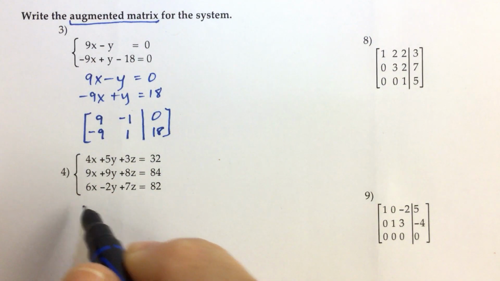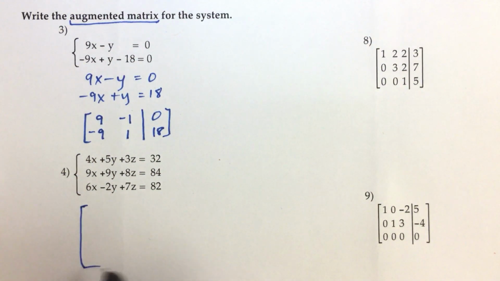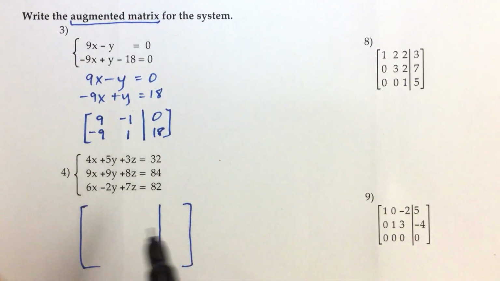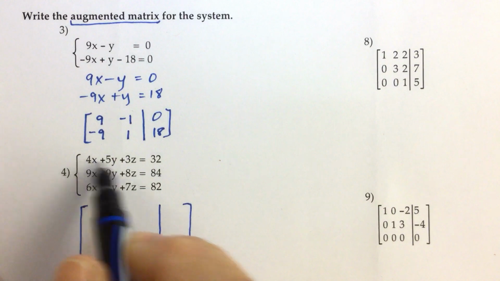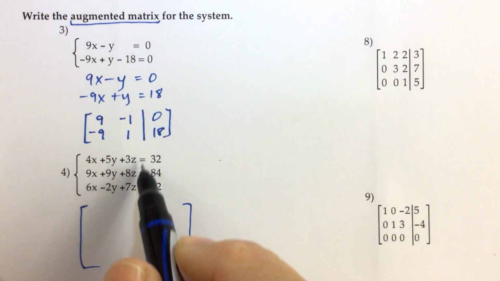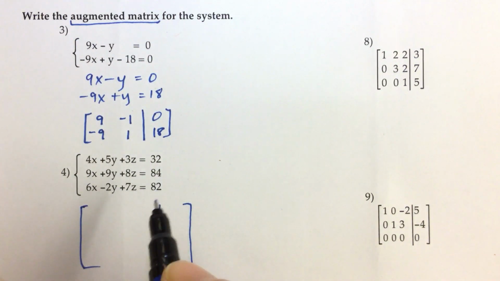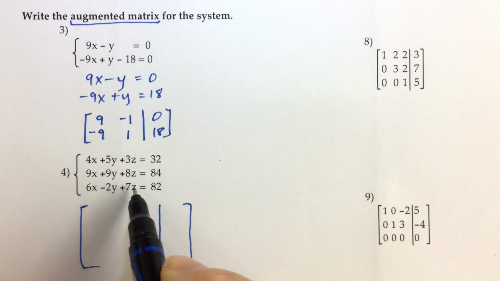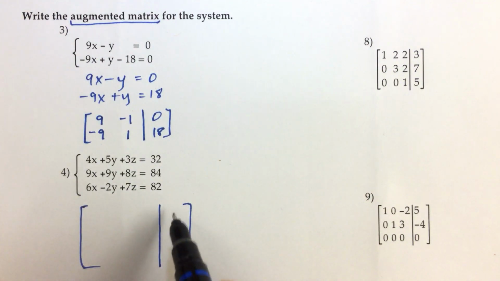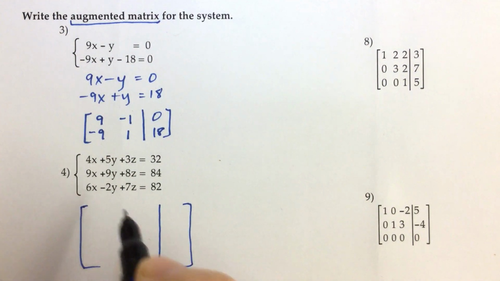And then I would urge you to try this one on your own, see if you can predict what I'm going to write. First row corresponds to all the coefficients. So we can see all the variables are on the left-hand side of the equal sign, all the constants on the right. So this system of linear equations is ready to go ahead and place the coefficients and the constants in our augmented matrix.